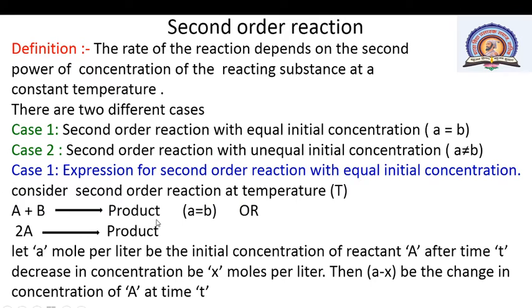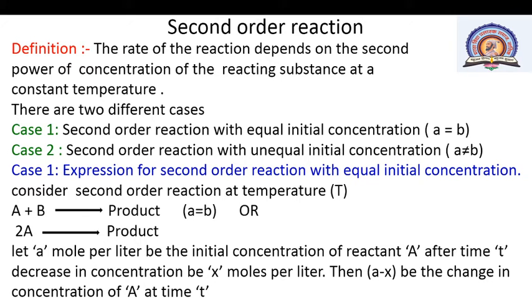In this reaction, the two reactants A and B are different, but the initial concentrations are equal, that is a equals b. Another example, 2A gives the product, meaning the same reactant, and again the concentration of the reactant is equal.